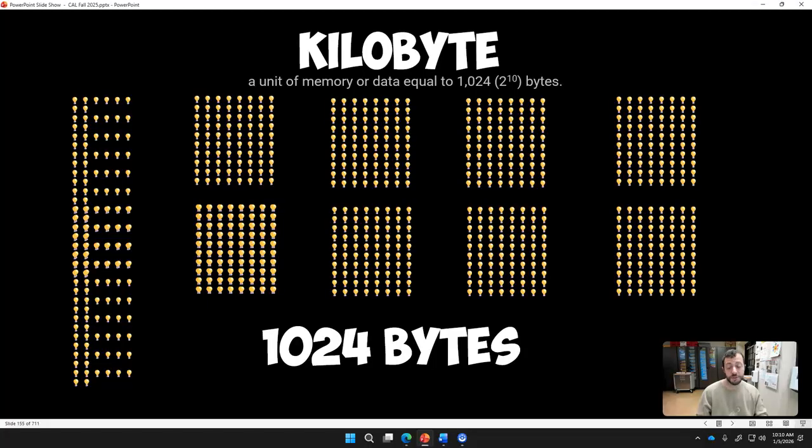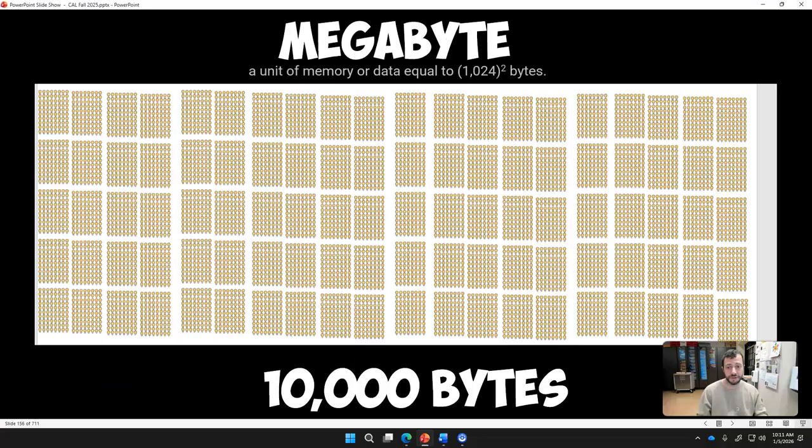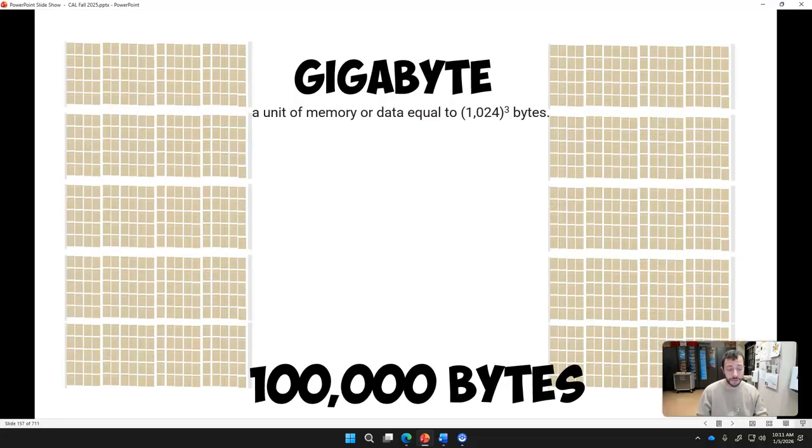A kilobyte is when you have 1,024 bytes, which is a lot, multiplied by 8 number of bits, little switches that are inside your phone. A megabyte is approximately 10,000 bytes. A gigabyte, which is probably what your phone's storage size is, approximately 100,000 bytes. So if you have 64 gigabytes of storage, you have 64 times 100,000. So you have about 6.4 million bytes in your phone.